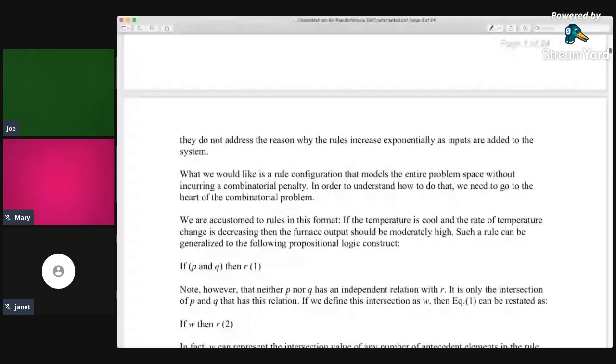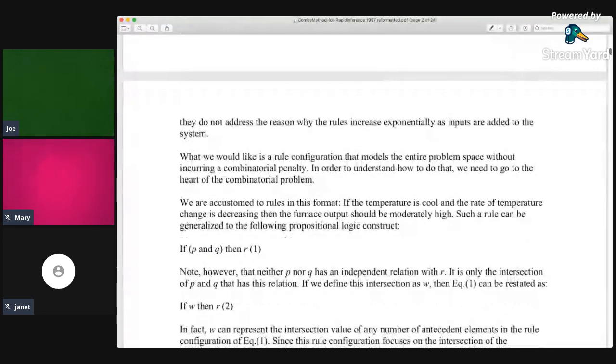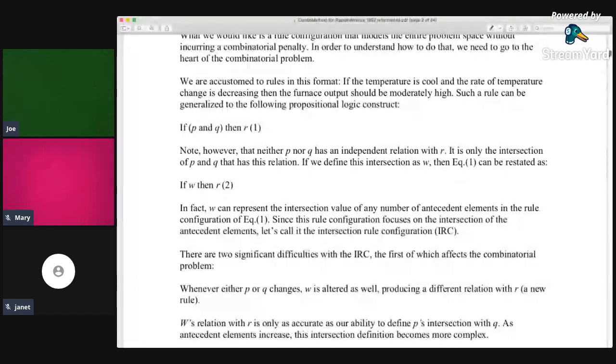As Bill points out, they're working with propositional logic constructs. If P and Q, then R. And the primary thing is P and Q. You have to know them both. And as you have more and more antecedents, more and more variables, then you have to know each one.